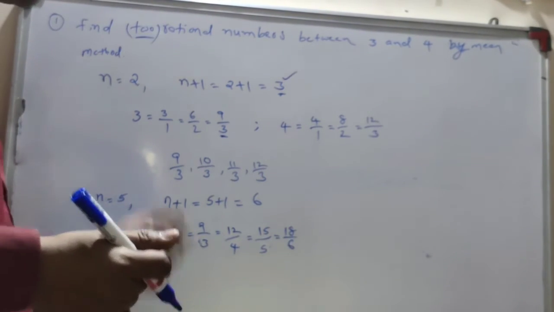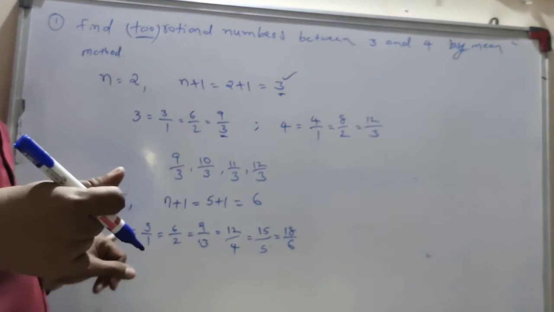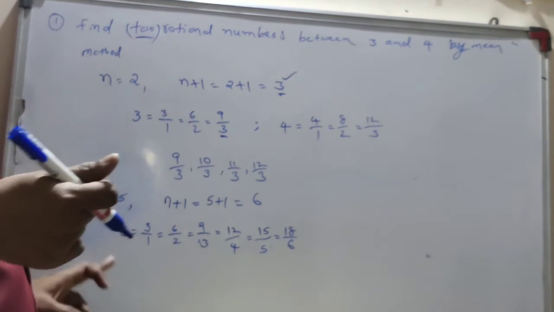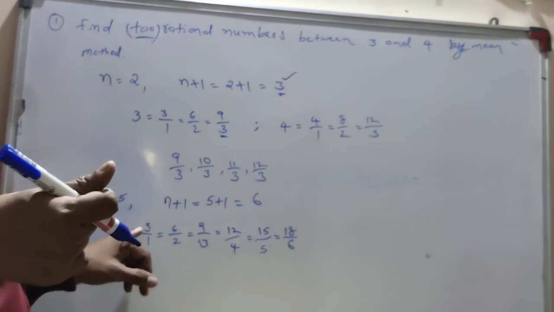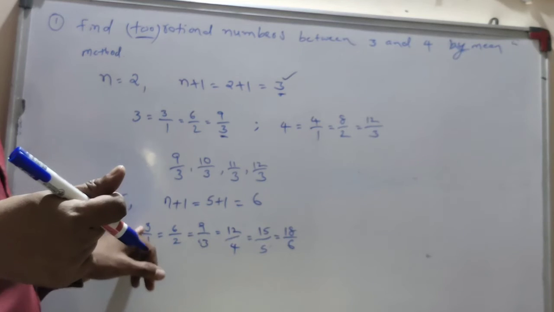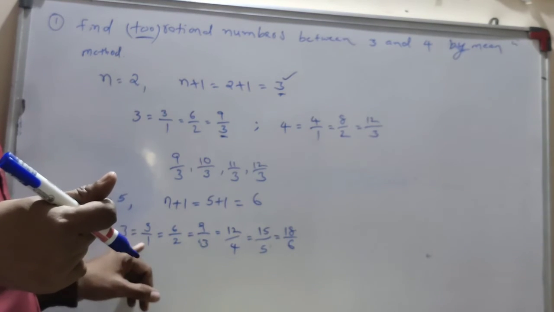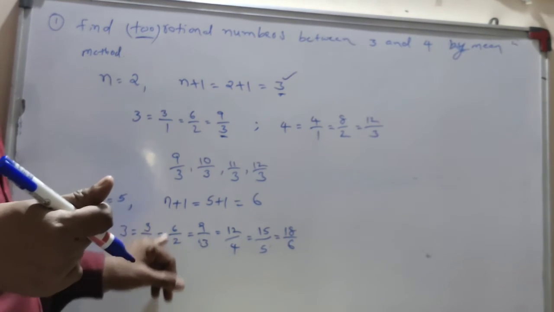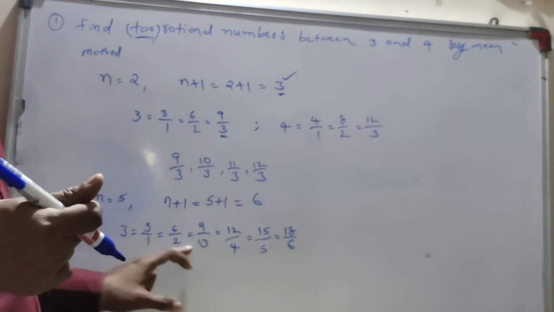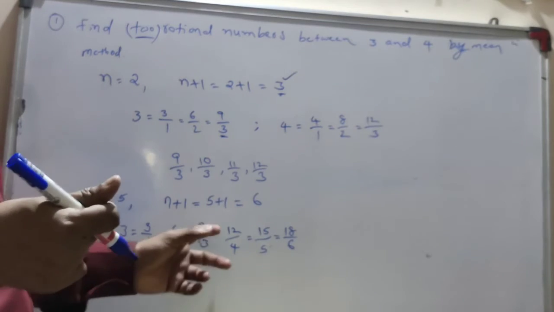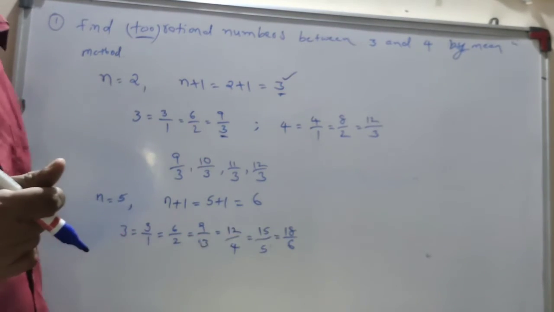That means, to get 6 as a denominator, to make that fraction equal to 3, you have to write up to 6. So 3 is nothing but 3 by 1; multiply by 2, 3 into 2 is 6, 6 by 1 into 2, that is 6 by 2, and again multiply by 3, 3 into 3 by 1 into 3, 9 by 3, and again multiply by 3 like that. So just like that we can get 18 by 6.